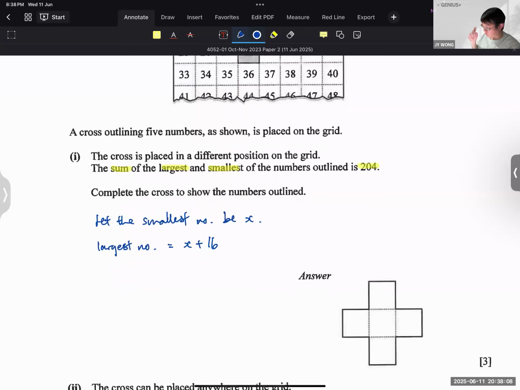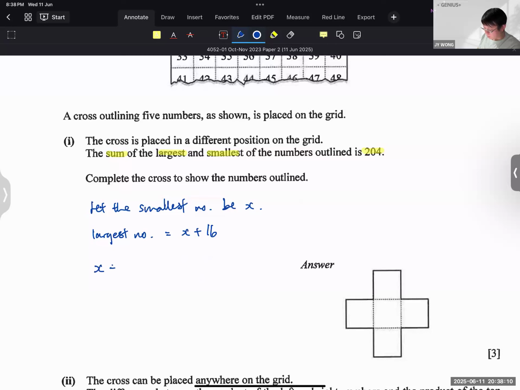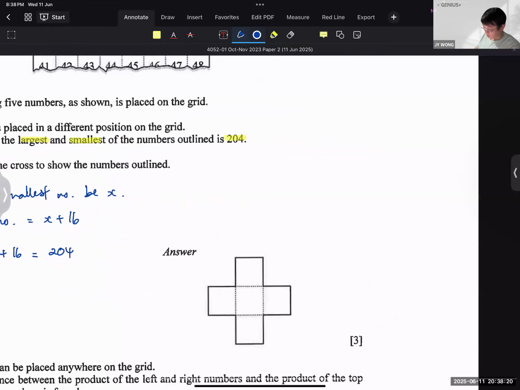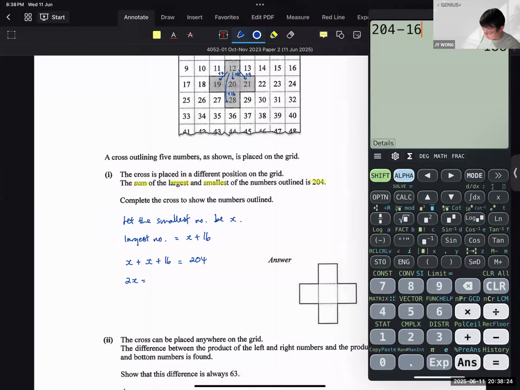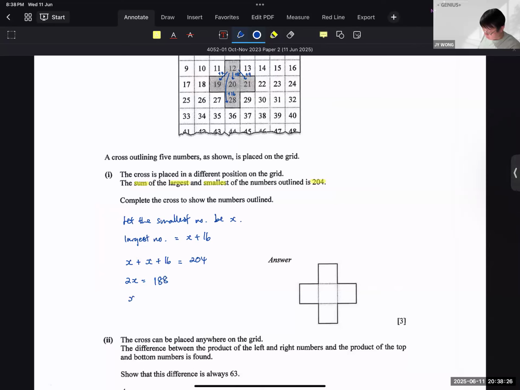So the sum of the largest and smallest is 204, means x plus x plus 16 will give me 204. 2x equals to 188, and therefore x equals to 94.